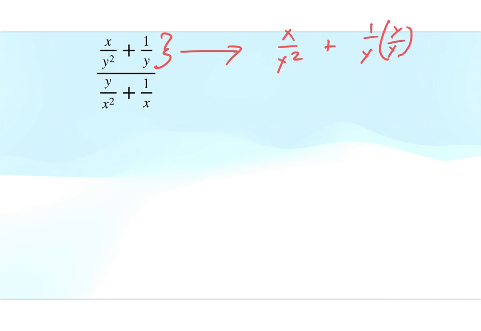Right? Multiply it by 1. Doesn't change the value, just changes how it looks. So it'll be x over y squared plus y over y squared, which will be x plus y over y squared. All right, going to put a pin in that and come back to that in a moment.